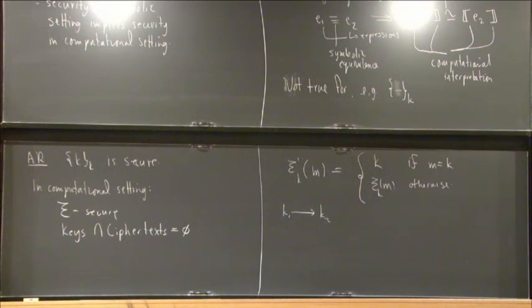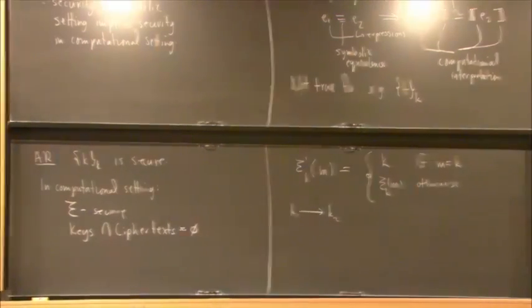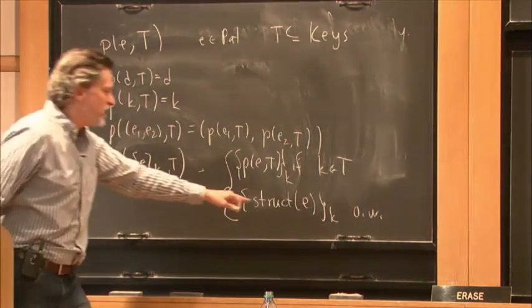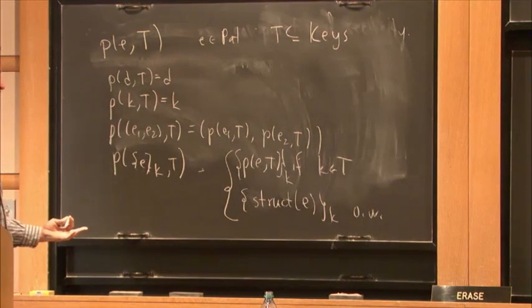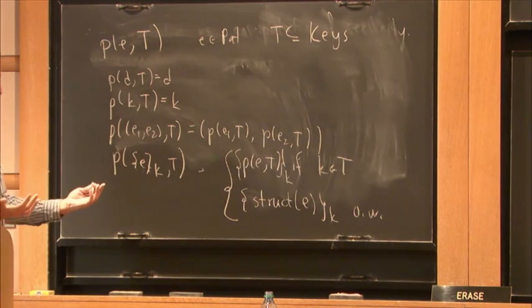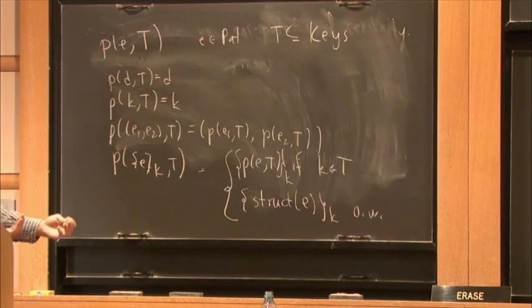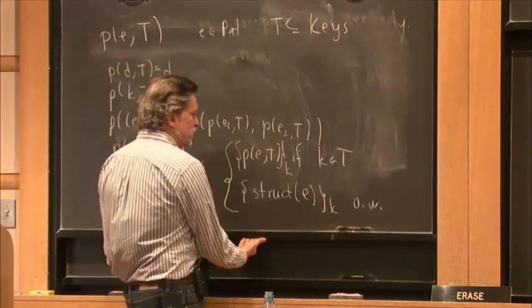Now, I have to define what the structure of an expression is, but the idea is that it's like wiping it out, but we want to have this length-preserving property, so we really want to remember the structure of what's inside the encryption. So the structure will remain, which is basically the length information, but all the actual elements will be erased.